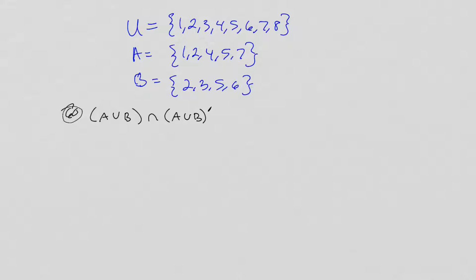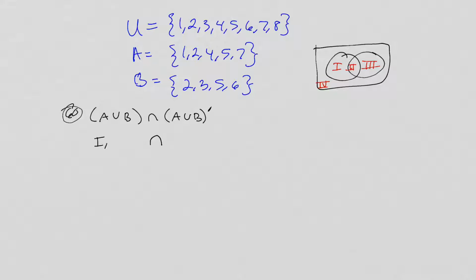So we've already seen that the answer to the union of A and B is region 1, 2, and 3. Let me go ahead and just remind you of those regions. 1, 2, 3, and here's 4. So the union would be all 3, because this is OR. So we can go ahead and answer the left side of this intersection, which is the union of A and B, is 1, 2, and 3.